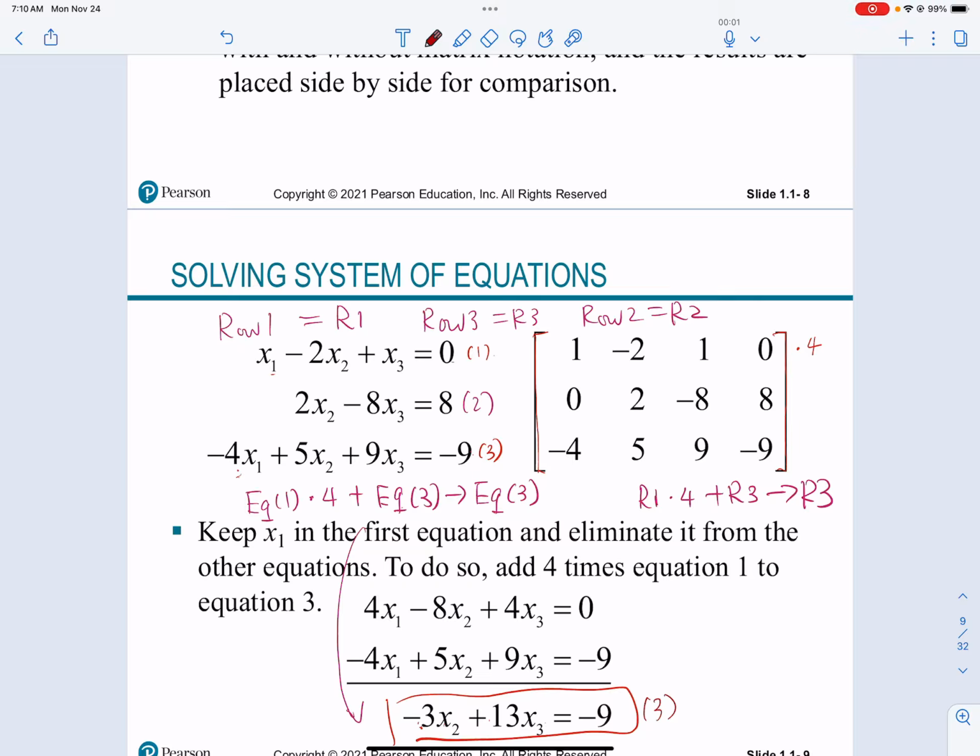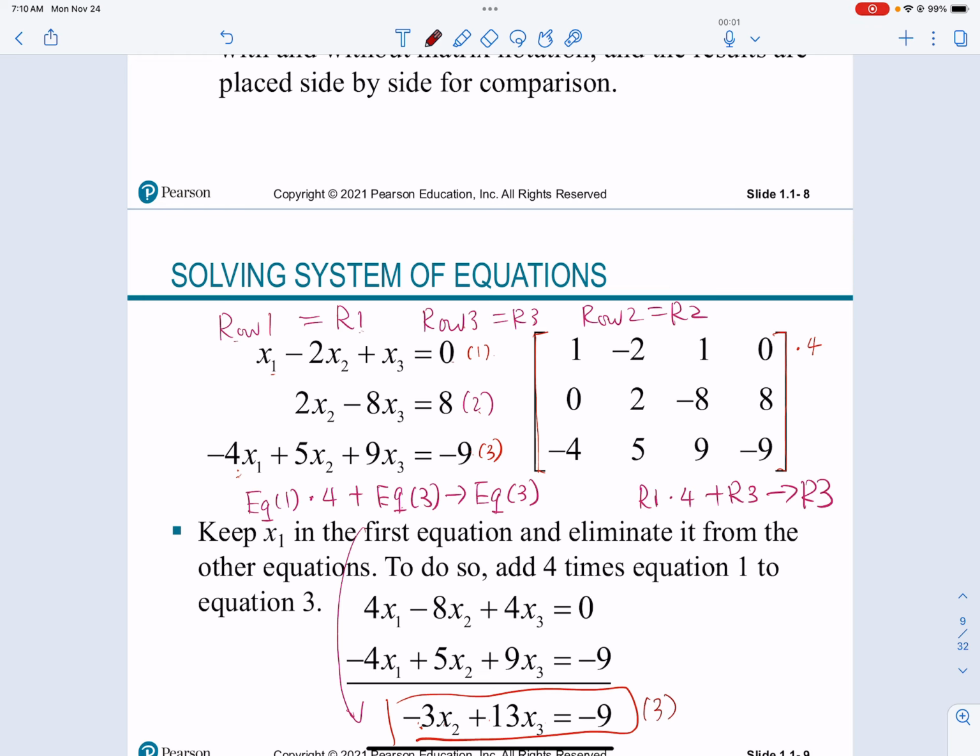Then we can use equations 2 and 3 to solve. Are you guys with me? So now let's look at the corresponding augmented matrix. We use R1 for row 1, R3 for row 3, R2 for row 2. Okay, so what did we do?